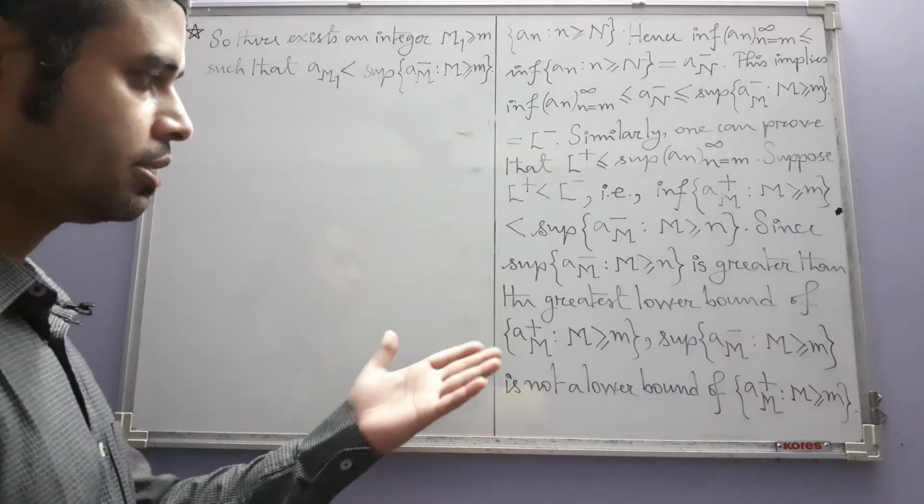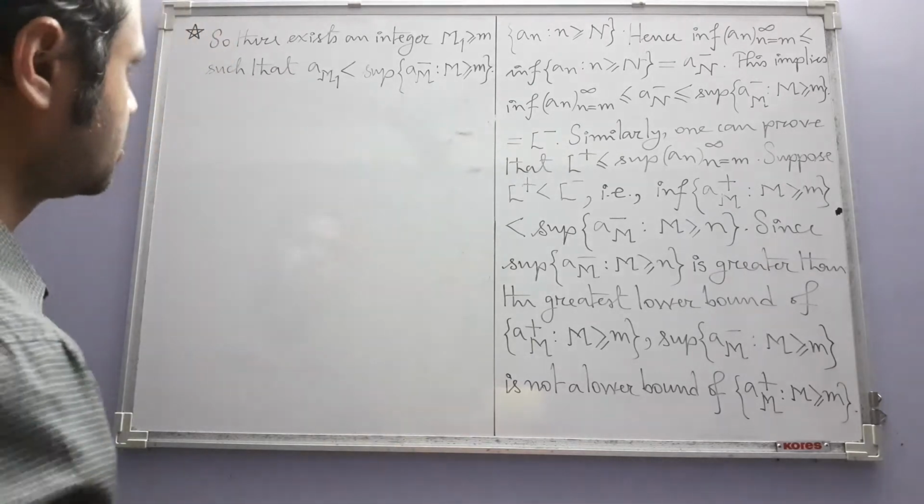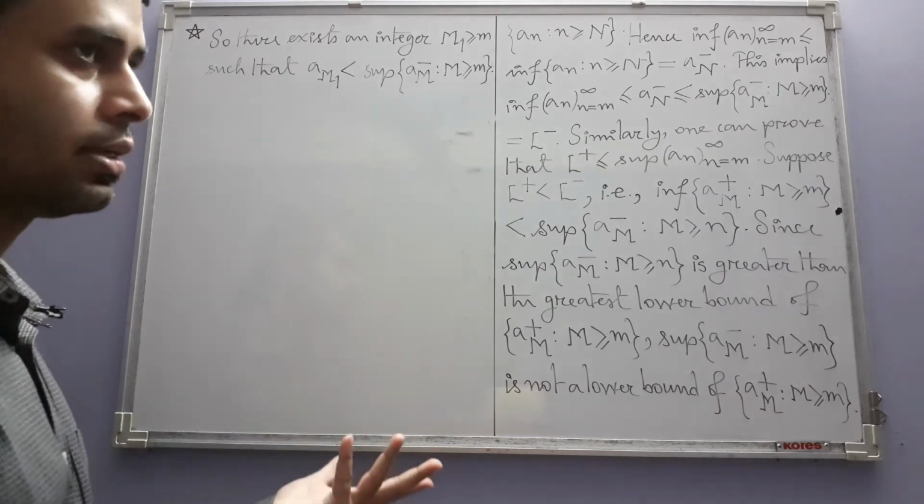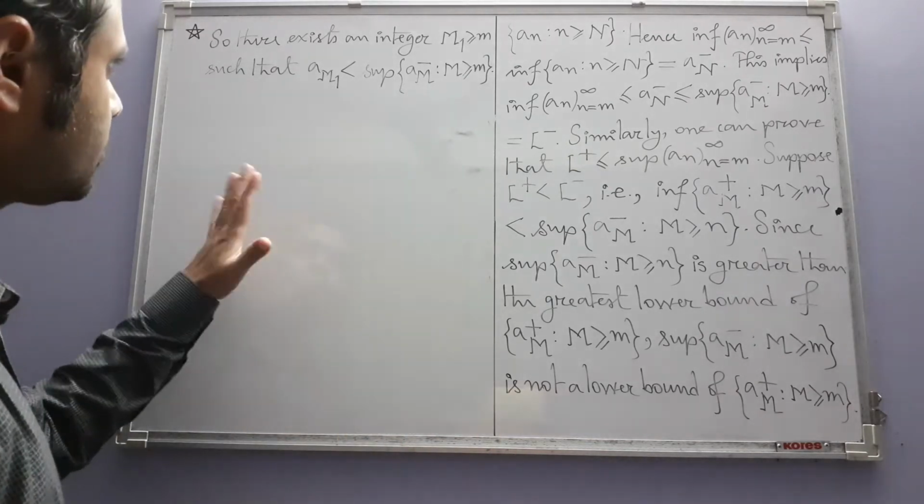Because of this inequality, this is not a lower bound of this set. Now this inequality again, it says something similar.